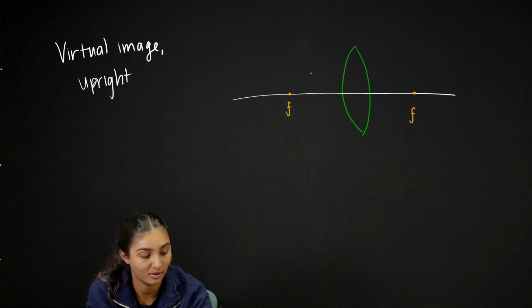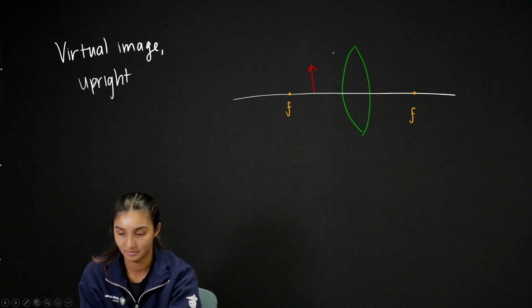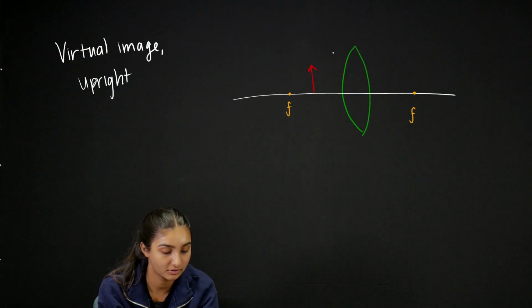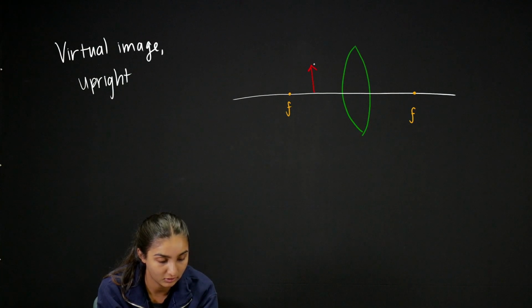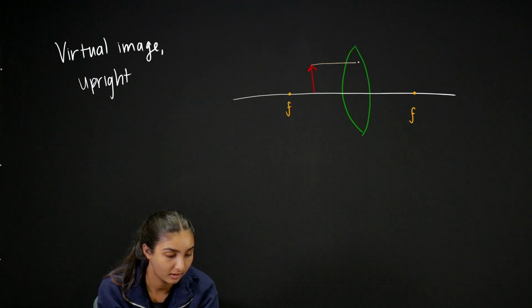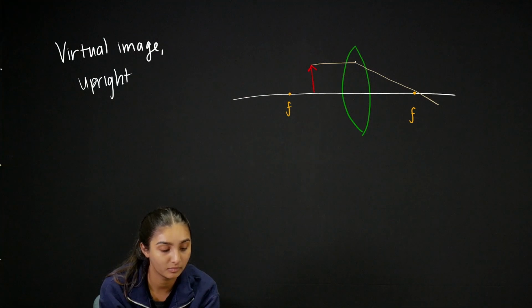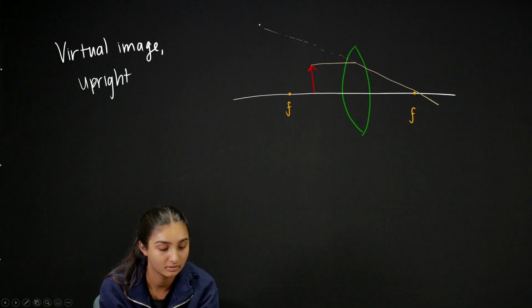If we draw our object on the inside, our first line is going to go parallel and through the focal point, but we're going to extend it backwards.